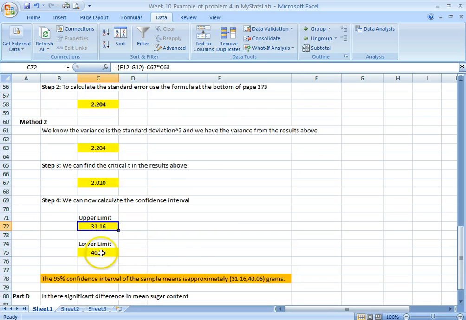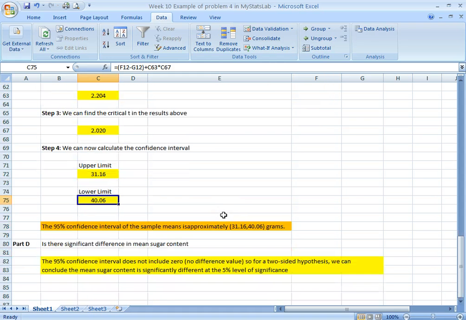Same thing for the lower limit, only we're adding the critical t and the standard error multiplied together here, and we get our upper limit. So not too tough there.